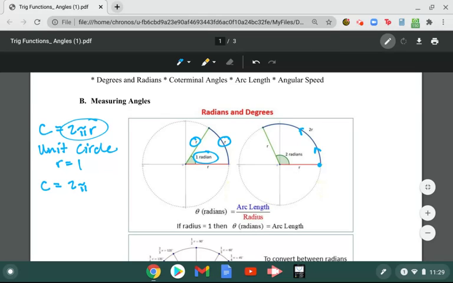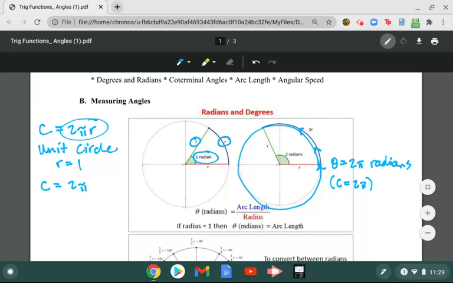So if I travel counterclockwise all the way around the circle, I say that I have traveled, so theta is an angle measure, I have traveled 2 pi radians. On the unit circle, this is also the circumference. So you can see how that circumference, or the length around, is equal to the angle traveled.